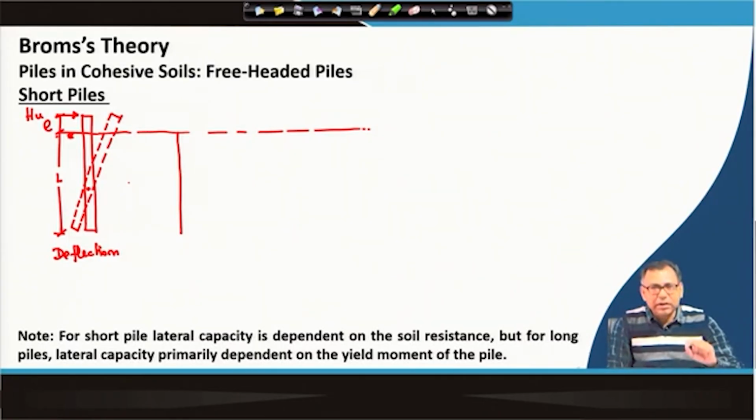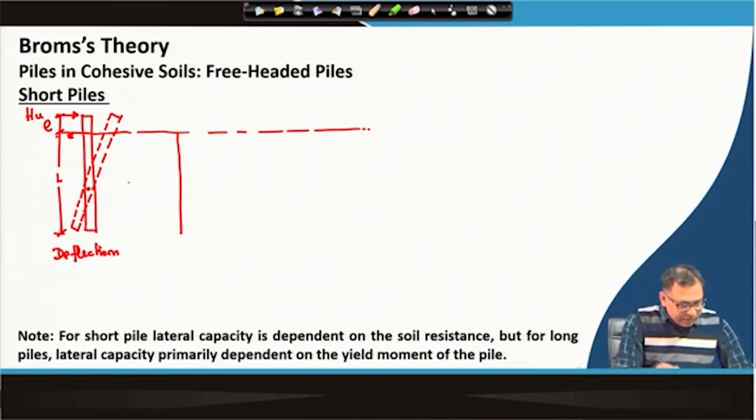But below the point of rotation the distribution will be totally opposite. Now, in the lower part, the pile is moving from right to left, so the reaction or passive resistance of the soil will act from left to right.